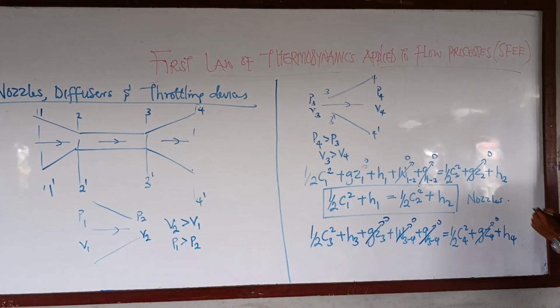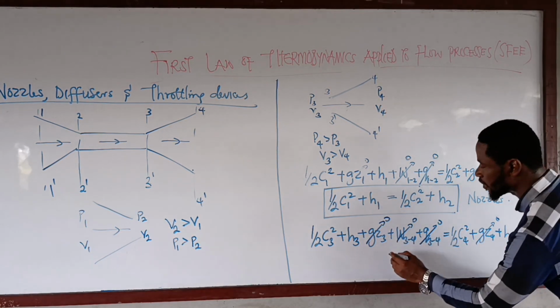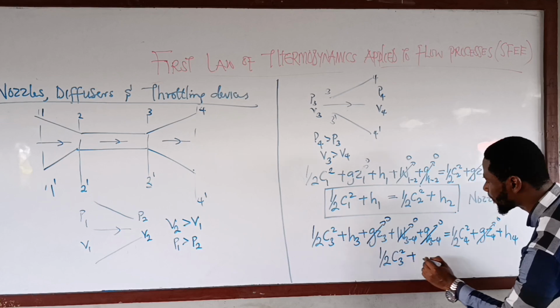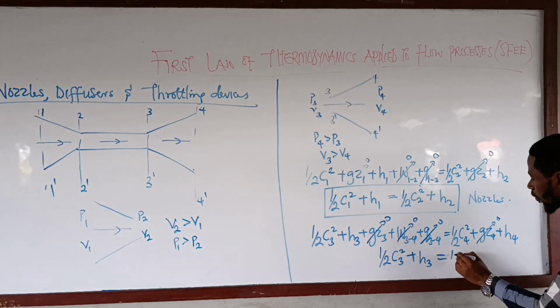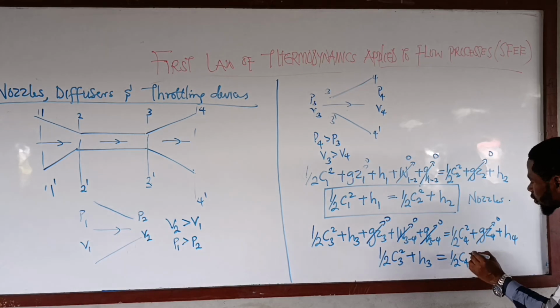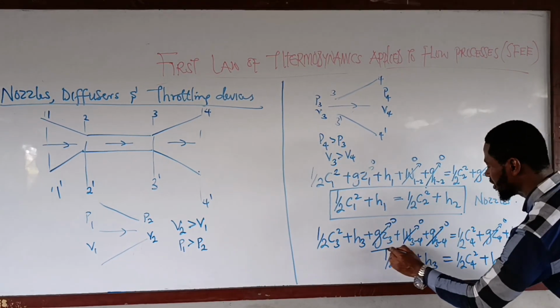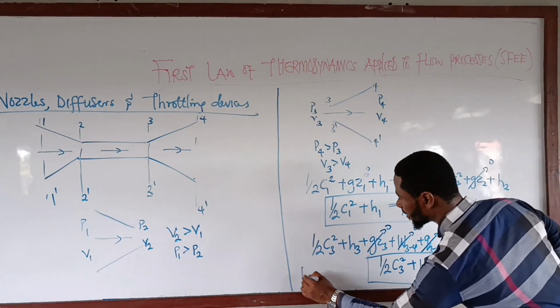The same thing also applies to gZ4. So the steady flow energy equation reduces to 1/2 C3 squared plus H3 equals 1/2 C4 squared plus H4. This is the steady flow energy equation for a diffuser.